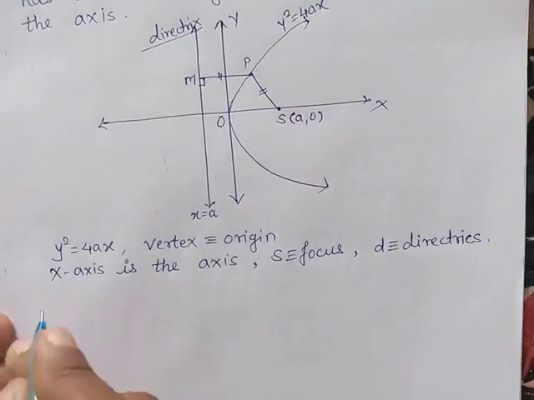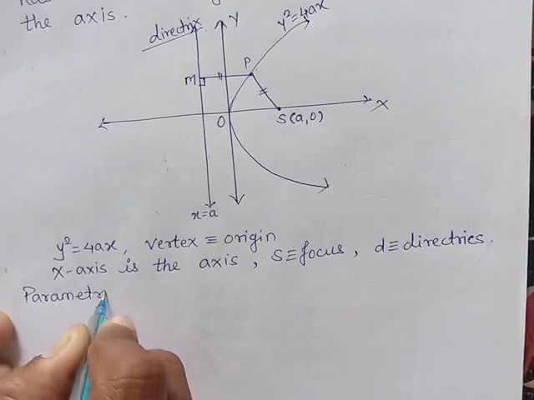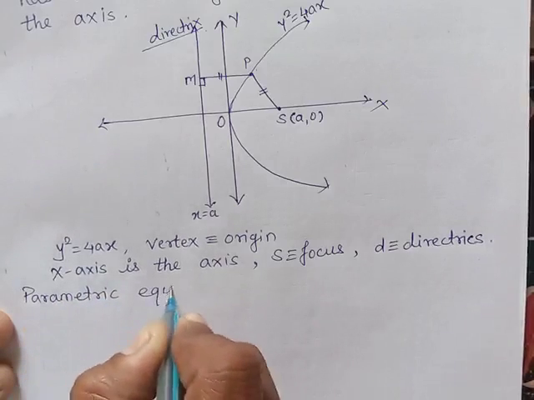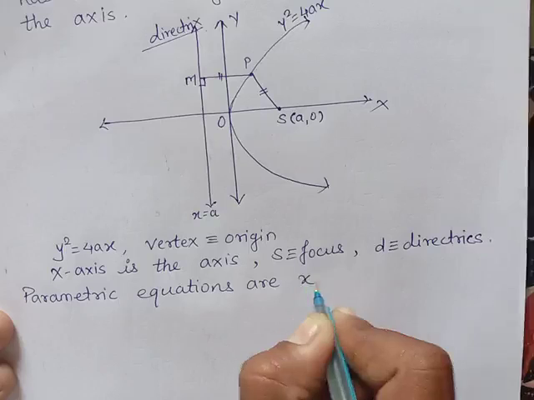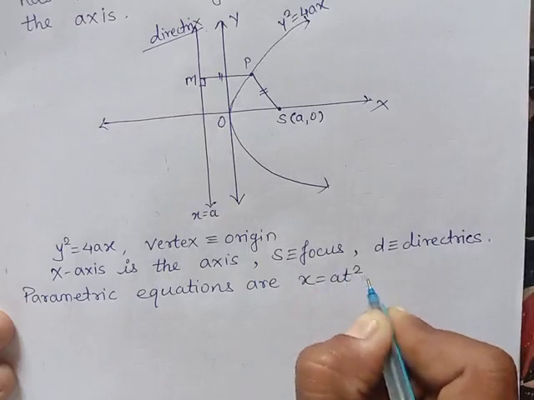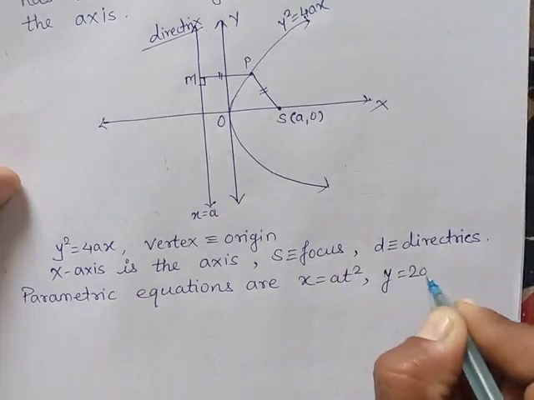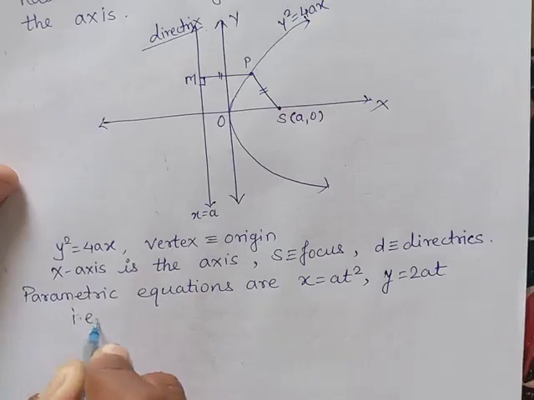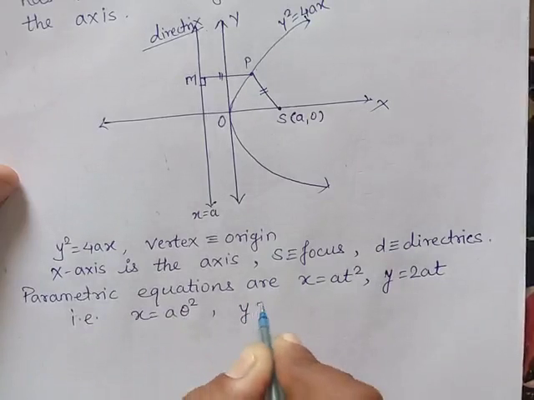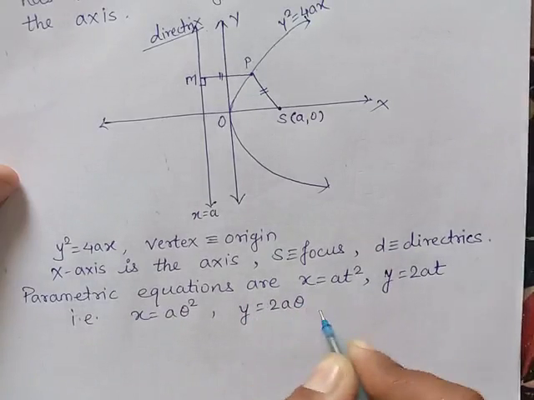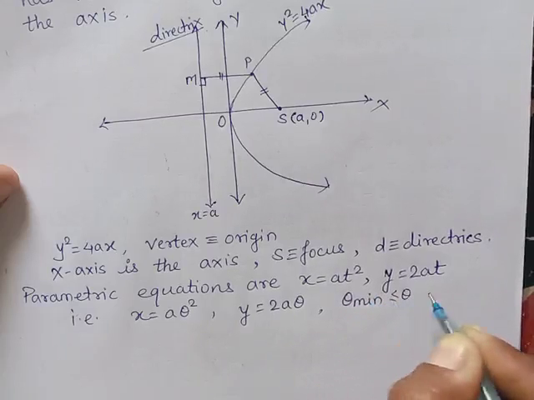Now, what are the parametric equations of it? The parametric equations are x equal to at square, y is equal to 2at. That is, it can be written as x equal to a theta square, y equal to 2a theta, and this theta lies between theta minimum to theta maximum.